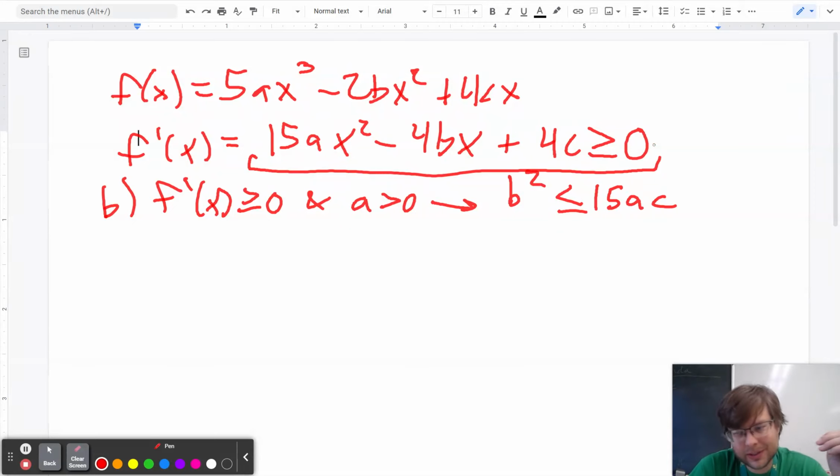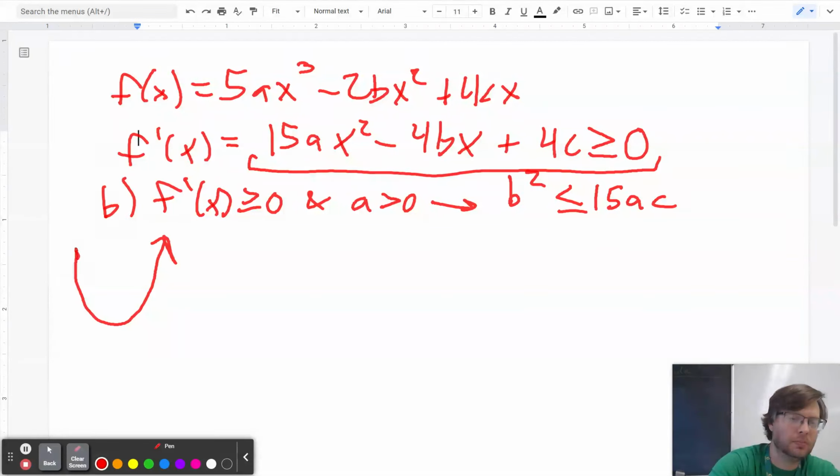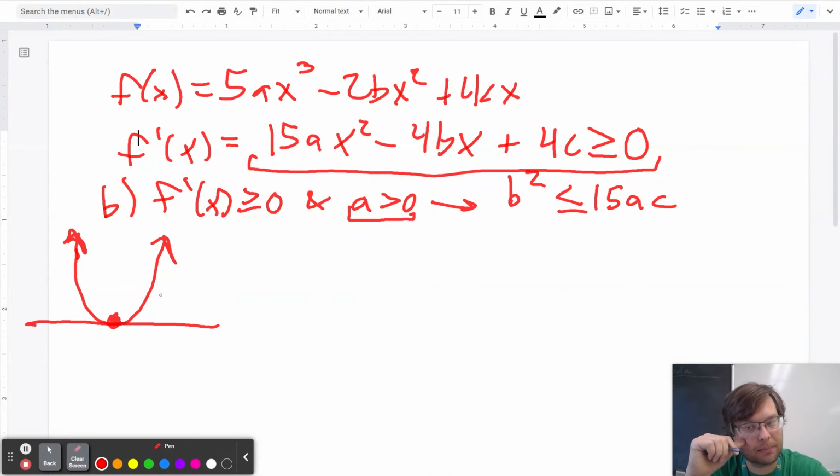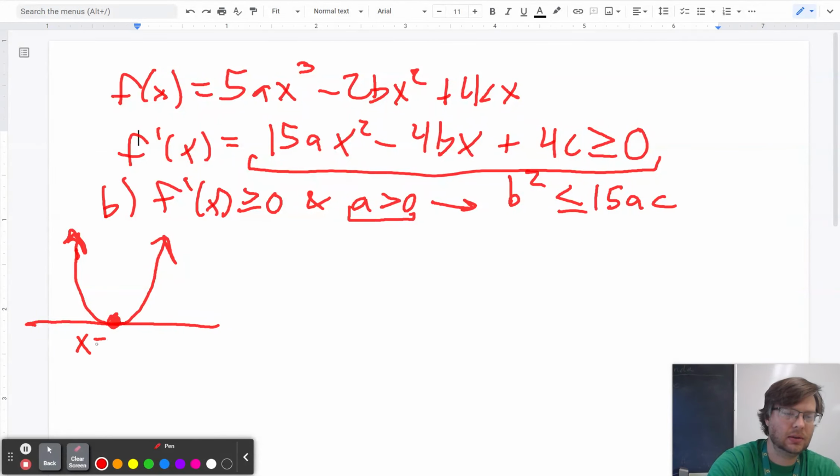And if it's greater than or equal to 0 for all x values, what I've got then is a parabola. And I know the parabola opens up because the a value is positive here. And if it's greater than or equal to 0, I know that my parabola can touch at one point at its vertex, or maybe it doesn't touch at any point there. And so then what I can say is that the vertex of a parabola is where x equals "negative b over 2a."